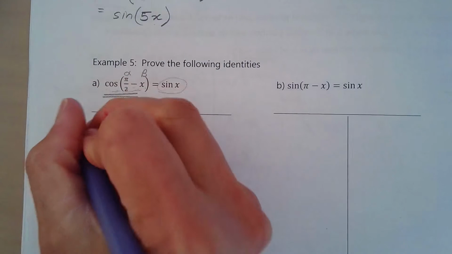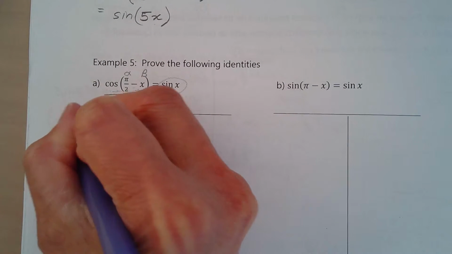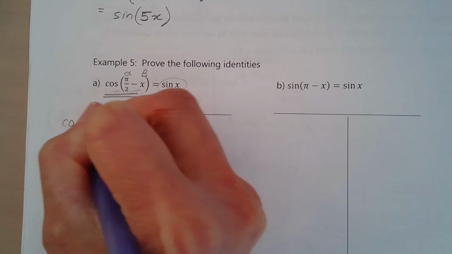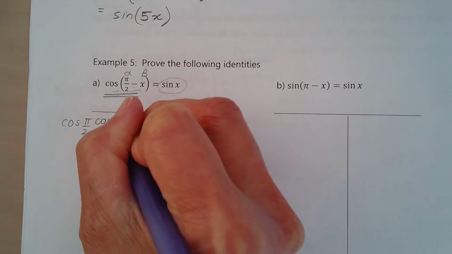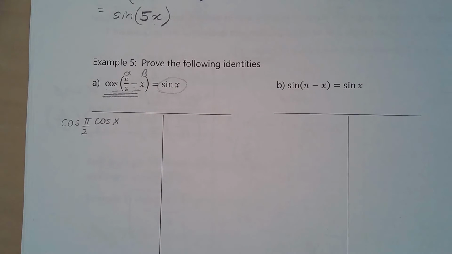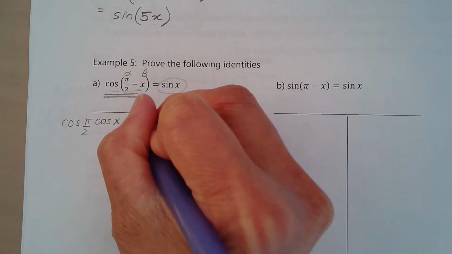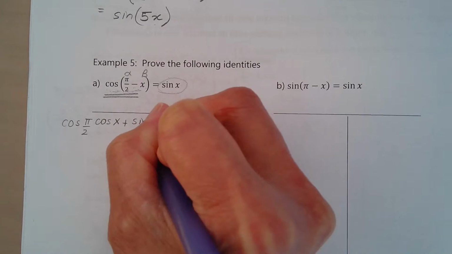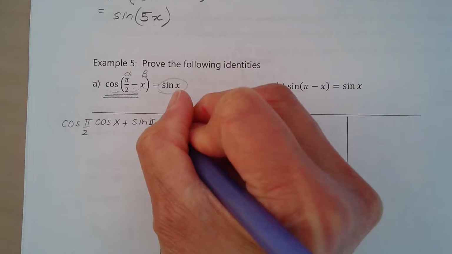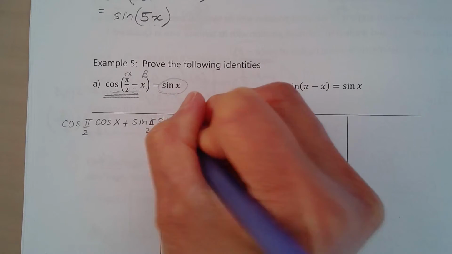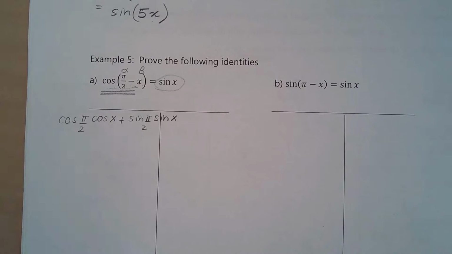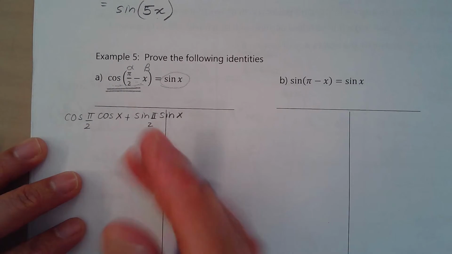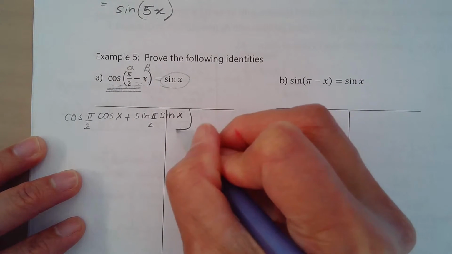So this is going to be cos pi over 2 cos x, we don't know what x is, right? Plus sine pi by 2 times sine of the beta, which is sine x.